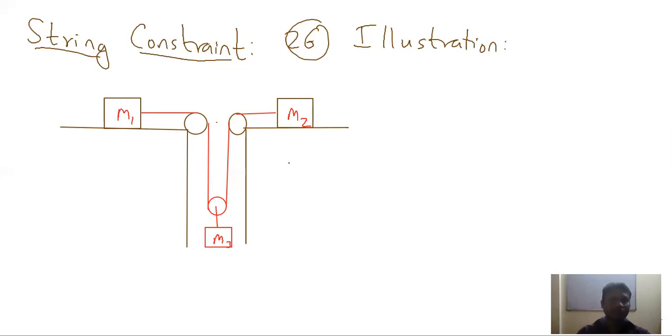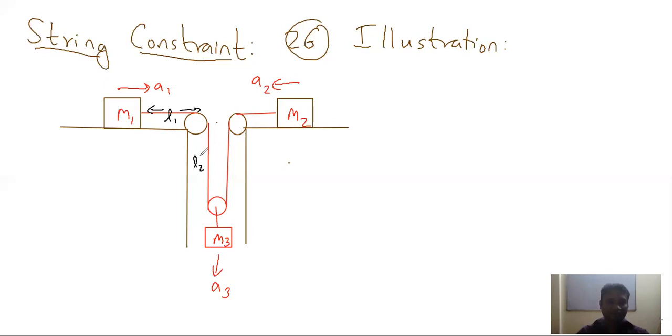Now, we want to use string constraint here. Let us first consider the accelerations as A1, A2, and A3 as shown in the diagram. Now, to apply string constraint, let us mark the length of the string. Let us say this is L1, length of the string.